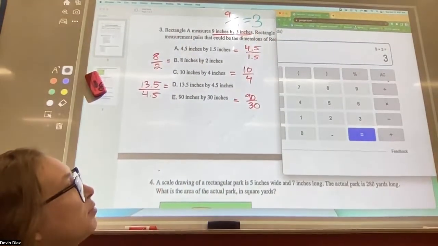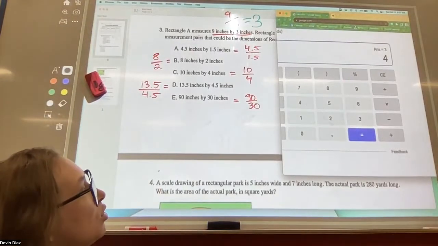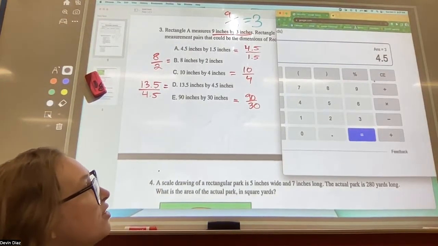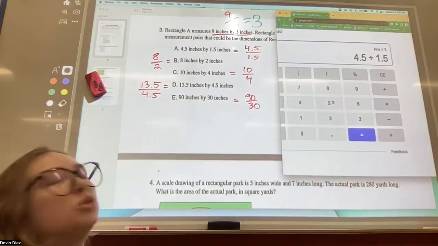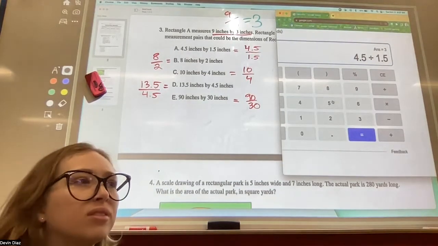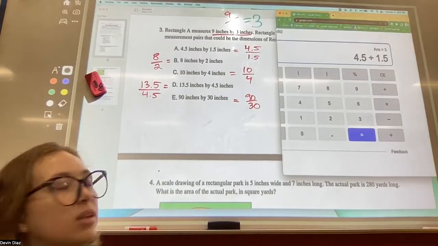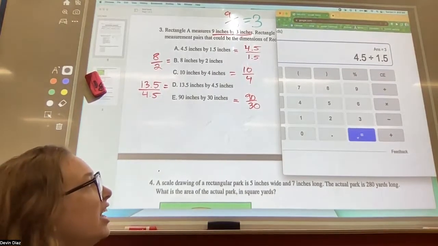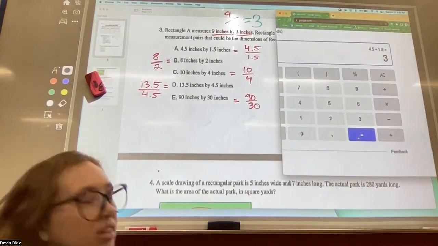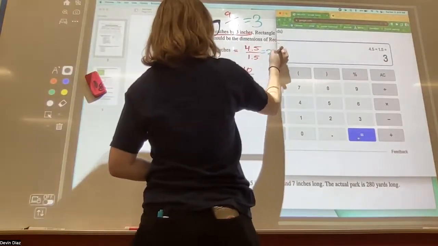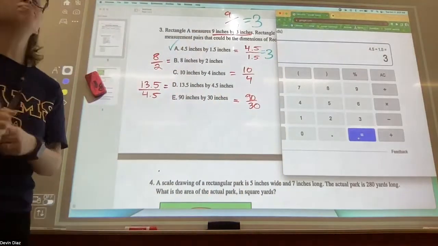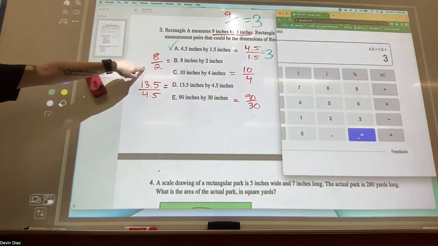Let's check our next one, right? I'm going to do 4.5 divided by 1.5. Is that the same as 1.5 divided by 4.5? It's not the same. I hit enter. What did I get? Did it match? Yes, A matches because I got 3. You guys, just being big brain, what is 8 over 2 simplified to?